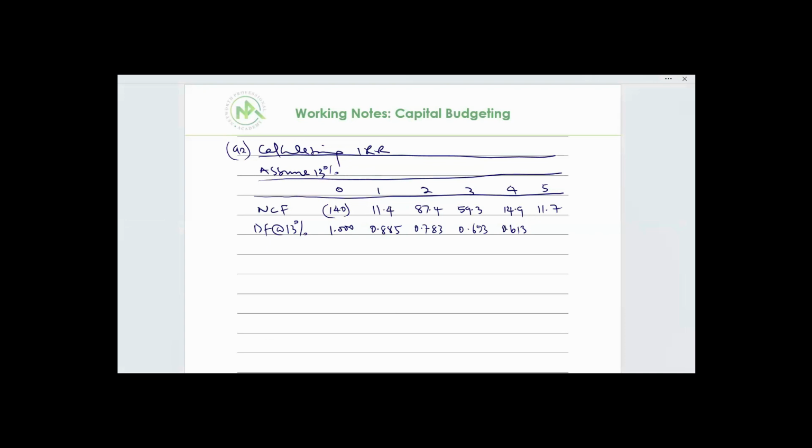Then year 5, 1.13 raised to power minus 5, equal to 0.543. So we need to get our present value. Here is 140 minus PV, then net present value.